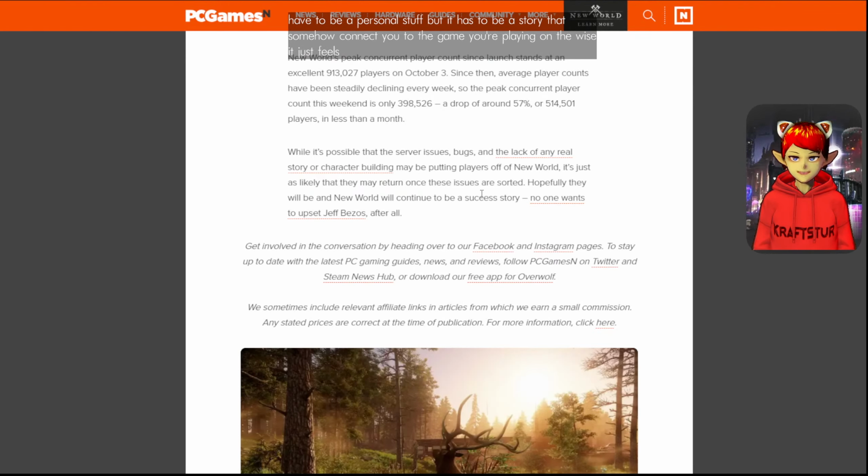Otherwise, it feels a little bit empty and lackluster when you feel like everything you're doing doesn't serve a point or isn't getting to an end.